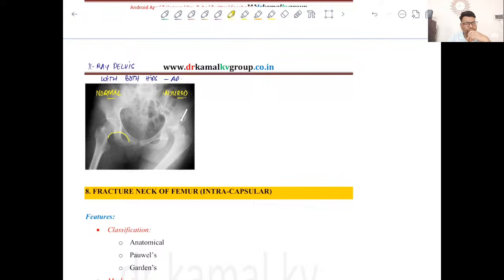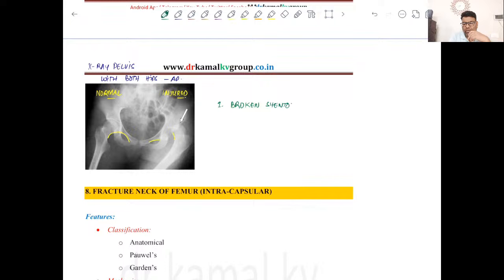So the medial part of the neck of femur and the inferior border of the superior pubic rami form a smooth curved line. But if you see on the affected side, this is the medial part of the neck of femur, and this is the inferior border of the superior pubic rami. So obviously you can see that there is a break in Shenton's line. So one thing is broken Shenton's line.